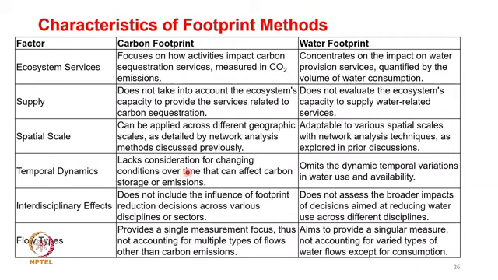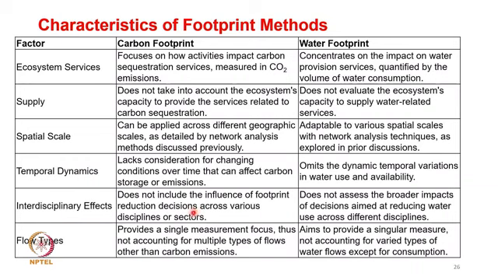Temporal dynamics: you have to look at how your water footprint calculation is spread across a geographical area, which is the spatial scale, and how it is varying across time, over a period of time, where we talk about the temporal dynamics. In carbon footprint, this lacks consideration for changing conditions over time that can affect carbon storage or emission. And water footprint omits the dynamic temporal variance in water use and availability.